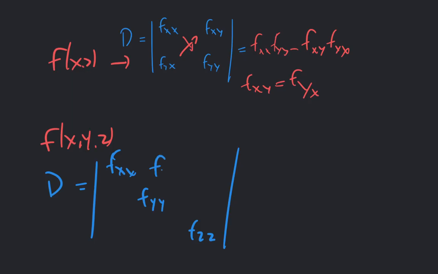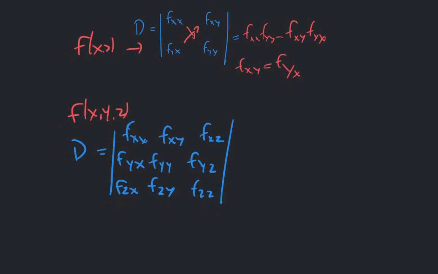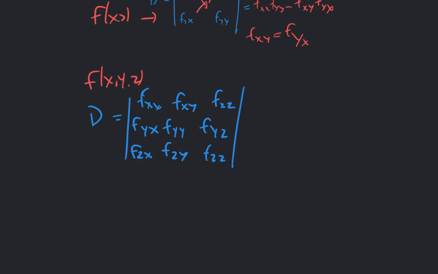This is going to be xy and xz, fyx, fyz, zx, and zy. And to compute this, we have to basically decompose this into 3 2 by 2 matrices.